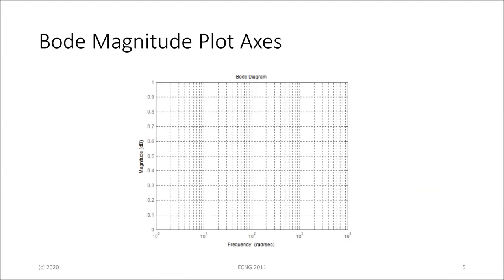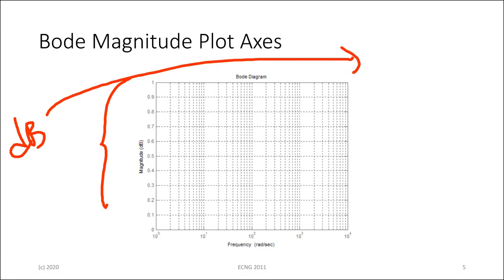The other thing is that the magnitude plot is plotted on a log scale. The amplitude on the y-axis is in decibels, right? And we saw a decibel is 20 log to the base 10 of a value.